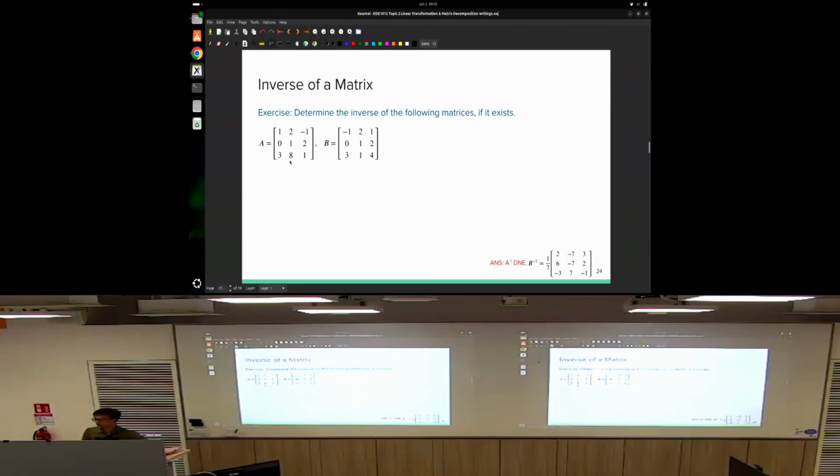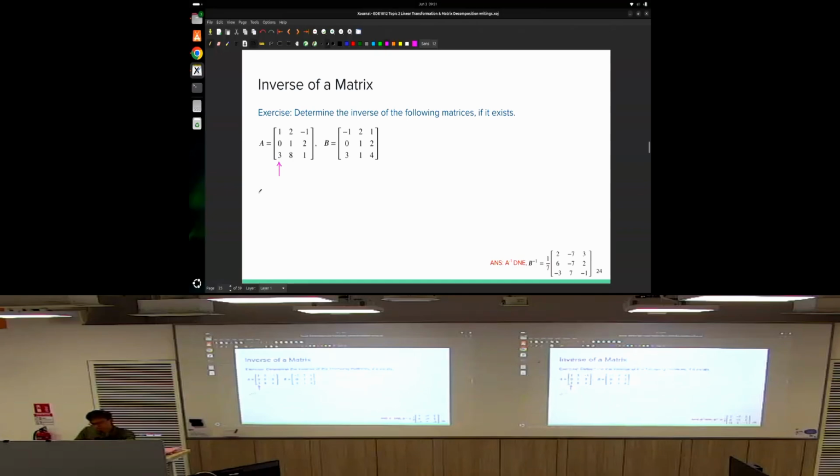That means the volume is no longer a volume. So for matrix A, let's calculate the determinant. I think the easiest is maybe this row, or you can choose the second column, or the second row as well. I'll just choose this.